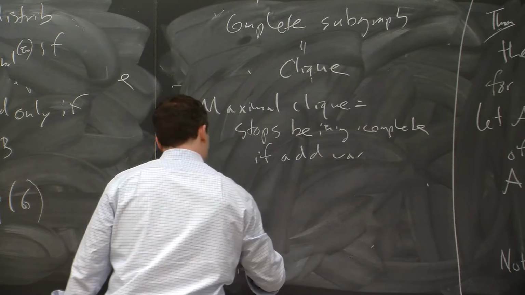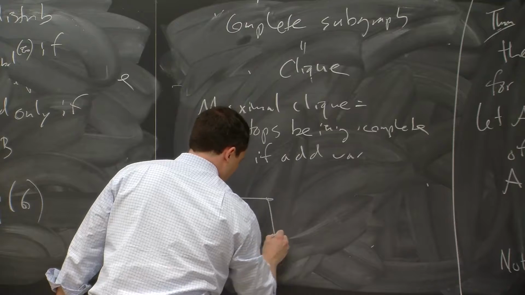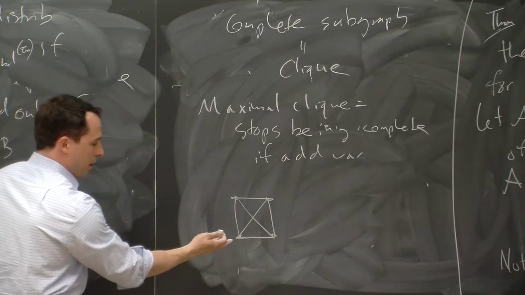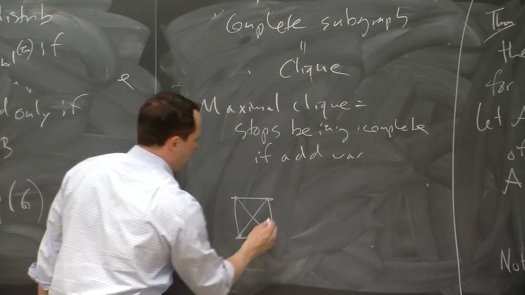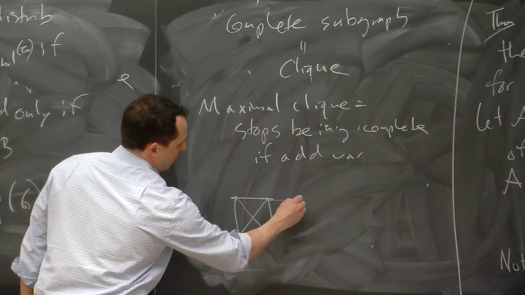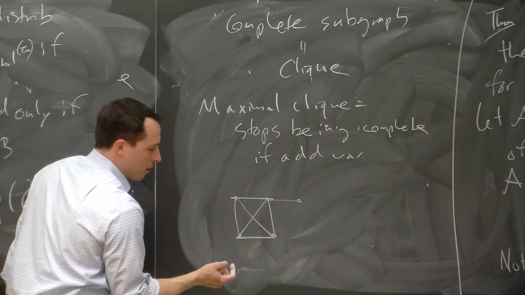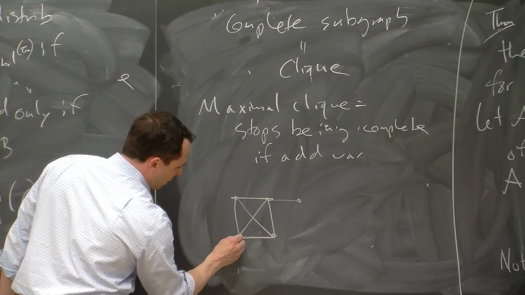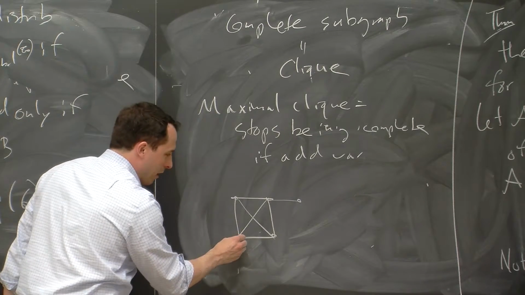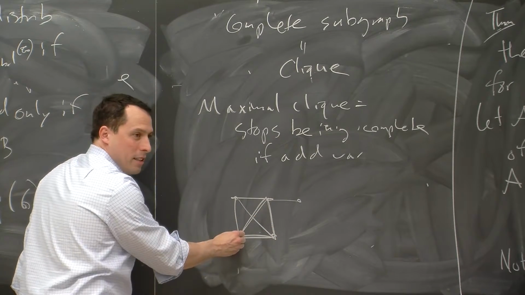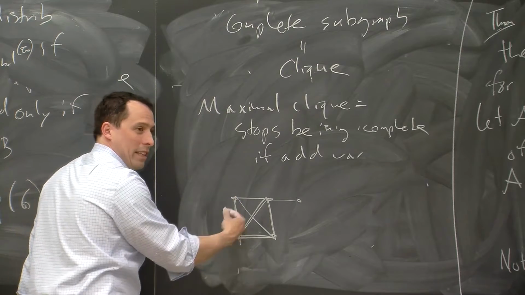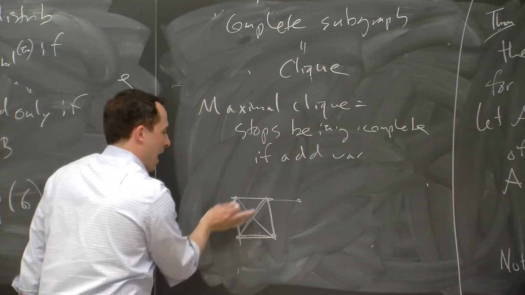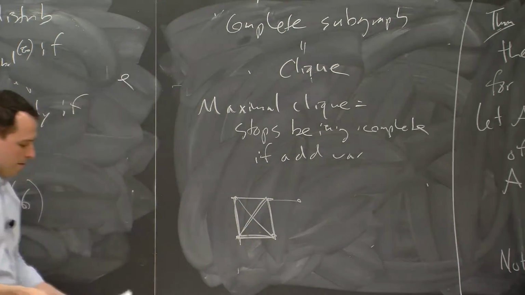For example, suppose I take this one. That's a clique. It's a maximal clique because if I add that variable, it's not a clique anymore. But it's also true that just one variable is a clique. These three variables are a clique. These two variables are a clique. These are just not maximal because I could add another variable and still have a complete graph.